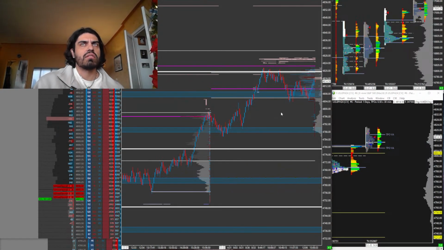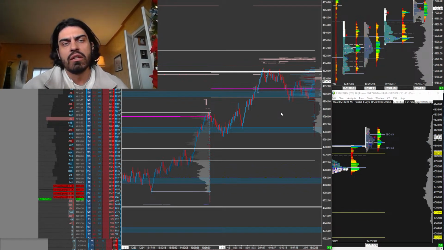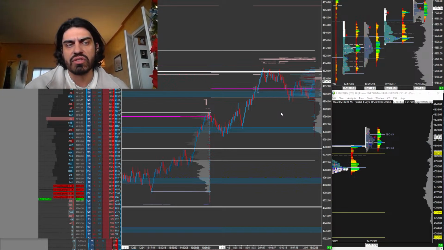So that delta, when you have very large imbalances in the thousands, 1,000, 1,300, 1,400, 1,500, those are large imbalances that I deem important, because they can sway and dictate prices.